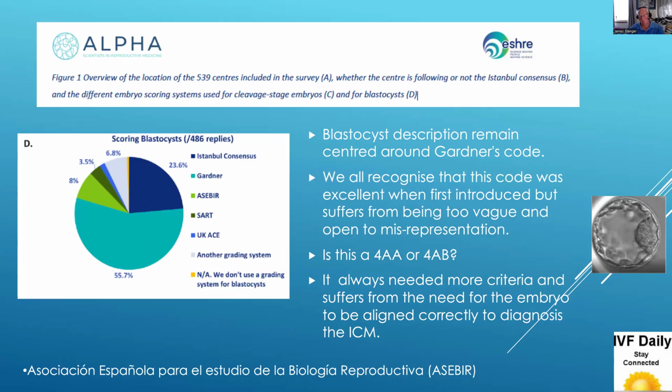So, for instance, is the embryo shown here a 4AA or a 4AB? You can see it's a great inner cell mass, but the trophectoderm does vary across the periphery, and therefore it depends where you grade it or how you will grade it, A or B. It always needed more subtle criteria and suffers from the need for the embryo to be aligned correctly to diagnose the inner cell mass.